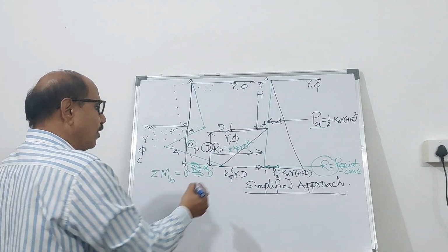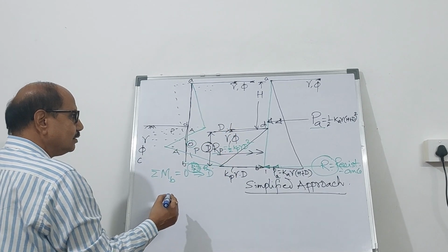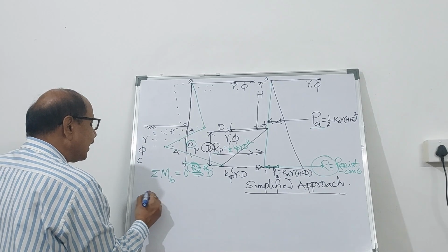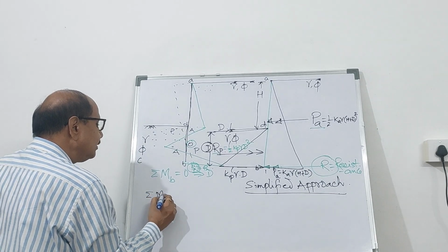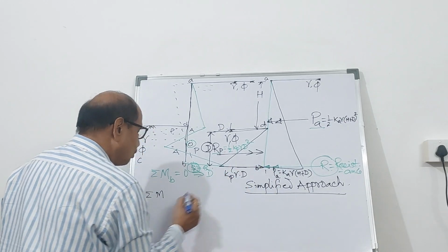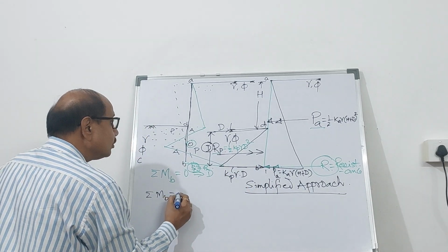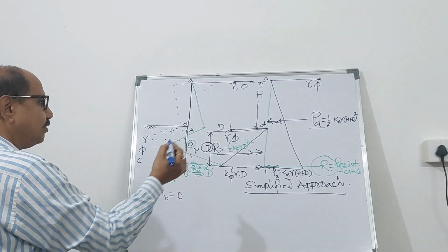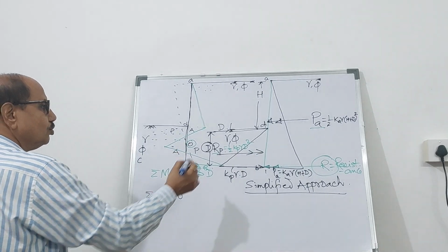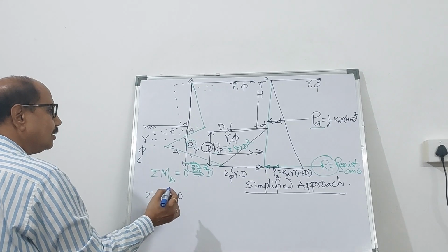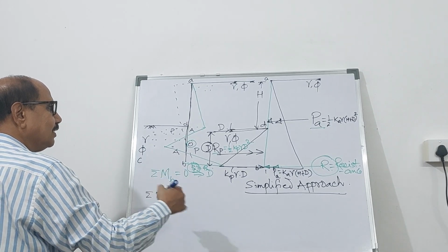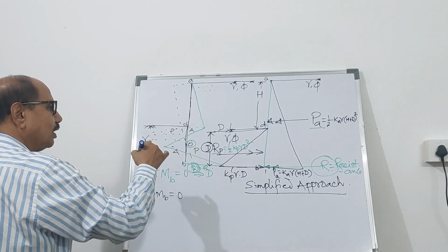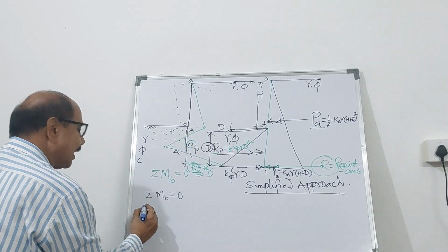Now, how will you find out the depth of embedment? So we can take the algebraic sum of moment about this bottommost point B and equate it to 0. If you do it, then it becomes quite simple. You already know that about B, it is going to be due to PA.